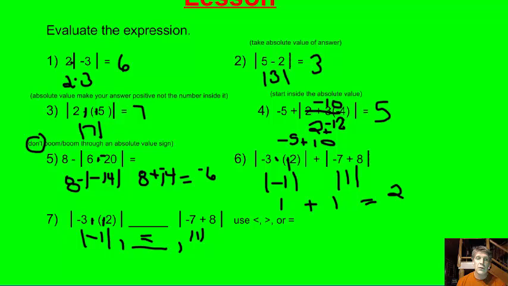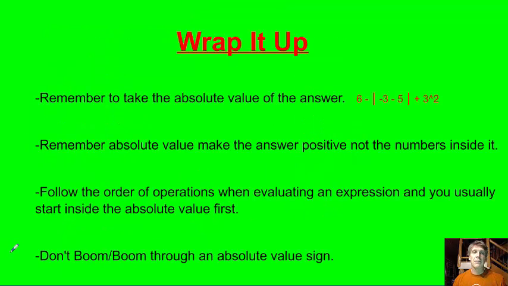All right, let's review quick, and then we'll wrap this up. Remember, you want to take the absolute value of your answer. I want to answer this problem, and then I'll do the absolute value. Absolute value makes the answer positive. Don't go boom, boom and flip these. You've got to do what it says first. And the third thing here, you want to follow the order of operations. So I would treat these kind of like parentheses.